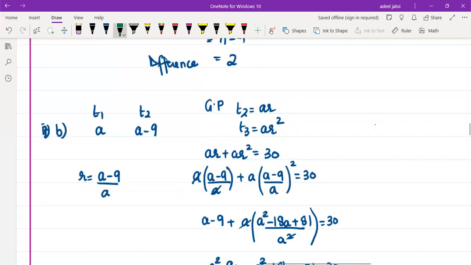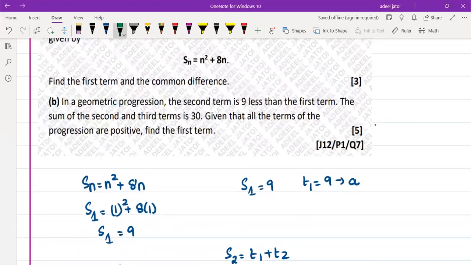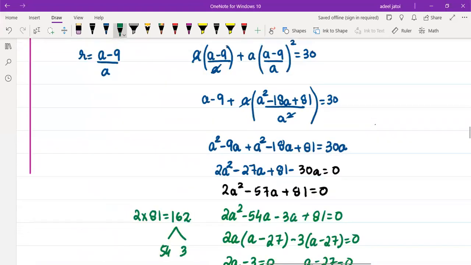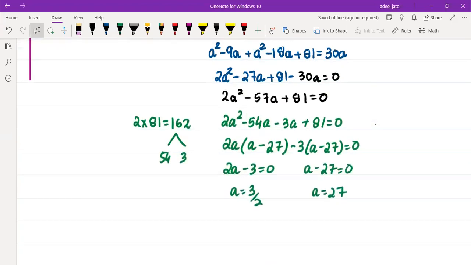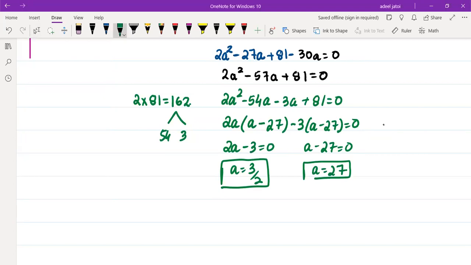The question said in the start that all the terms of the progression are positive. A is 27, A is 3 upon 2, both are positive. Since both answers are positive here, you need to remember the first statement, that the second term is 9 less than the first term and all the terms are positive.